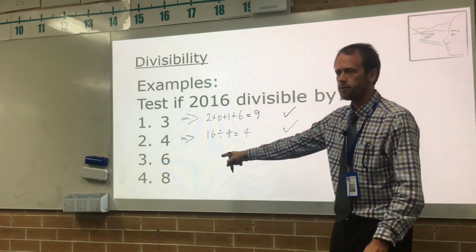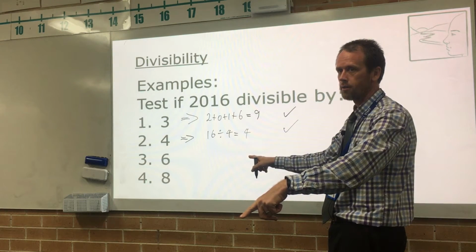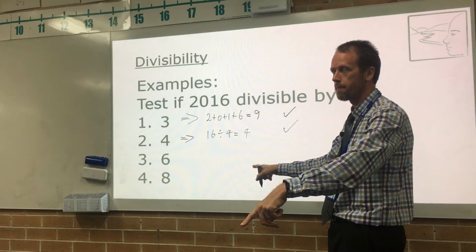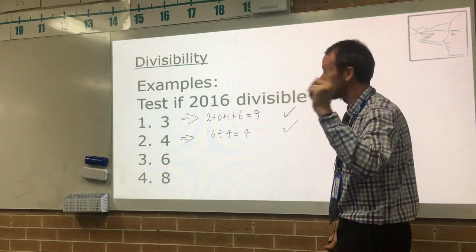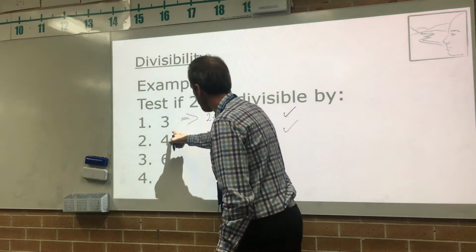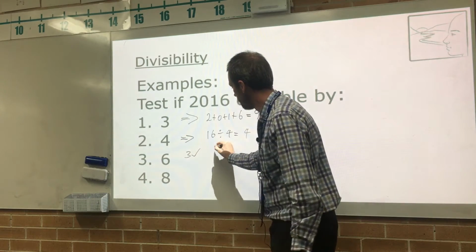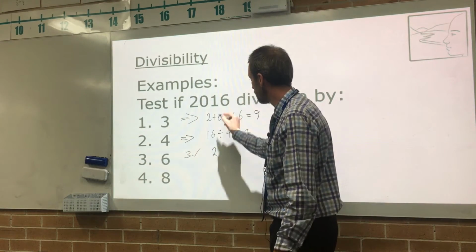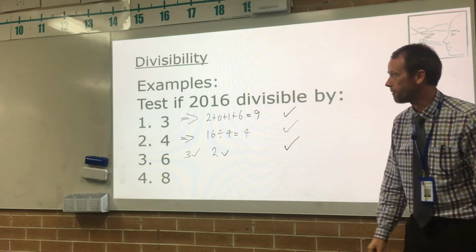What about 6? What was our test for 6? What's it got to be divisible by? 2 and 3. Right, we've already proved for 3 it's divisible. What about for 2? Yes, because it's an even number, isn't it? So therefore, yes. What about 8?